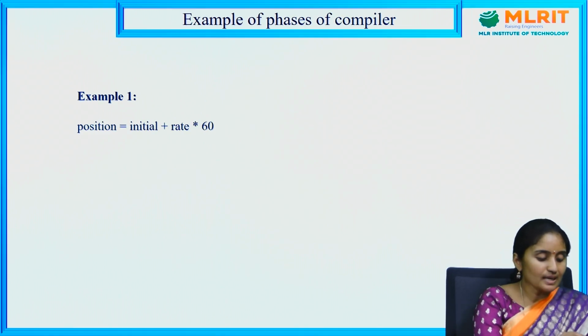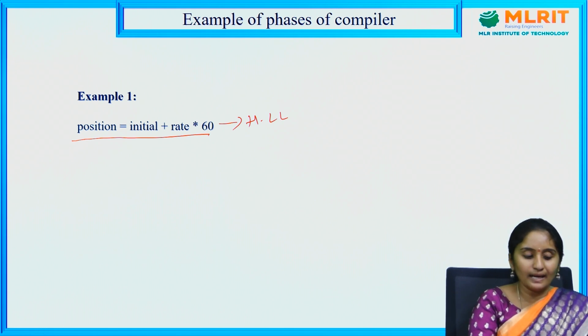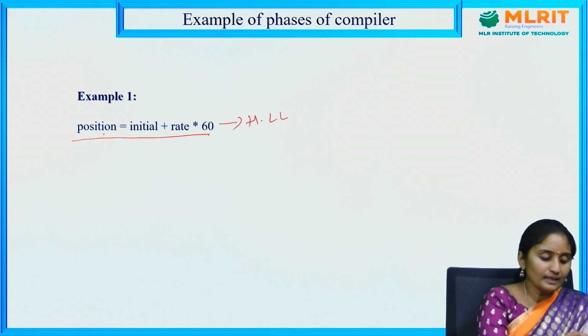The first example is this source program, a high level language, which is given as an input to the lexical analyzer. The lexical analyzer generates tokens. Tokens are identifiers, constants, operators, all of those. So let us write the lexical analyzer phase for this.